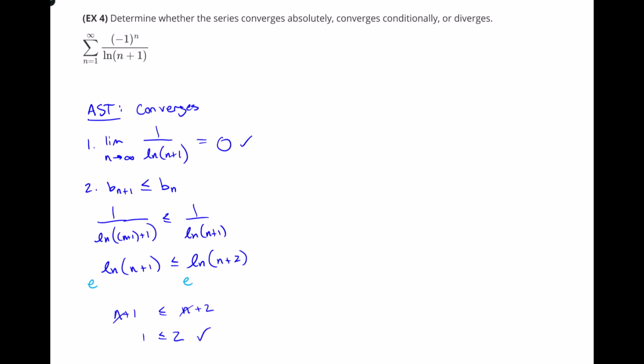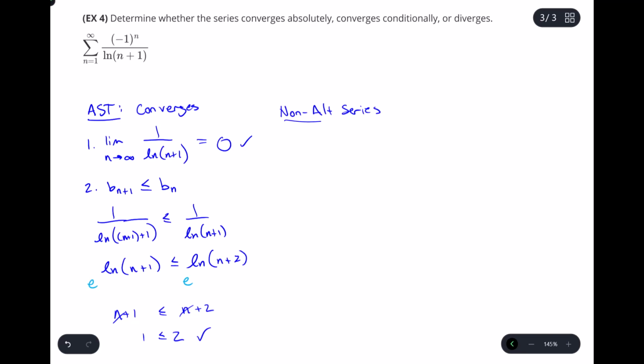But then let's check the non-alternating counterpart here, which is the series n equals 1 to infinity of 1 over the natural log of n plus 1.